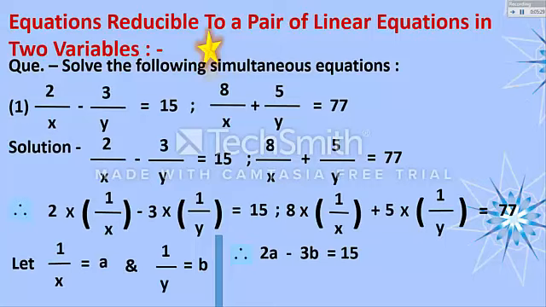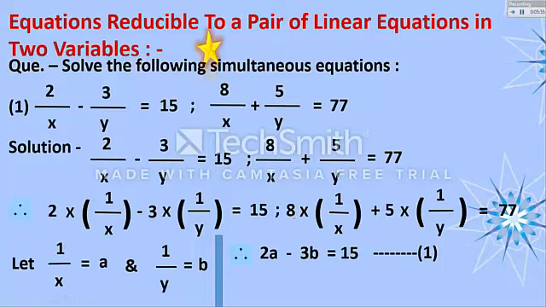That is 2 into 1 upon x. In place of 1 upon x, we write a, so 2a, minus 3 into, in place of 1 upon y, we write b, so 3b, is equal to 15. That is equation 1.